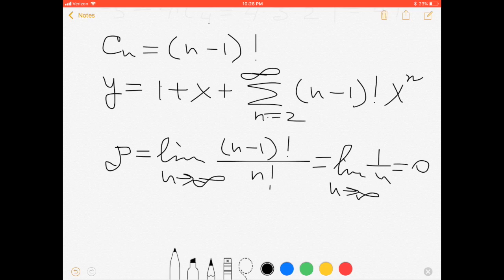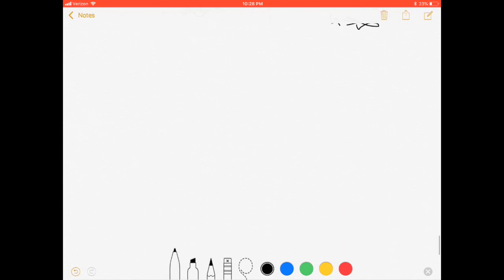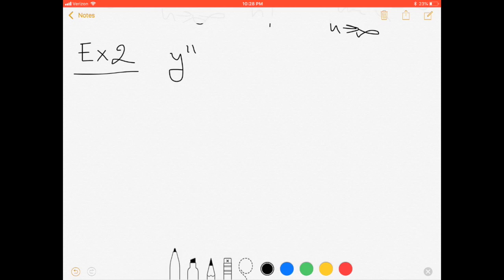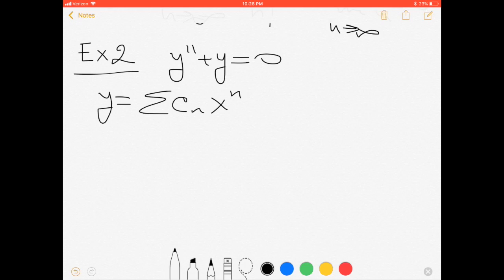Let's see example 2. When we have the second derivative plus y equals 0. Okay, y is a power series, the sum of cn x to the n, with n starting from 0 to infinity.